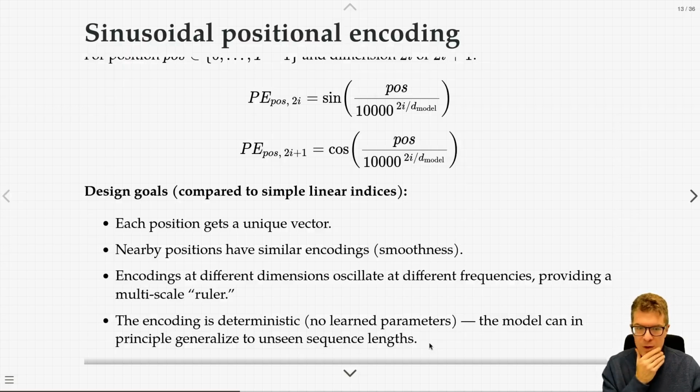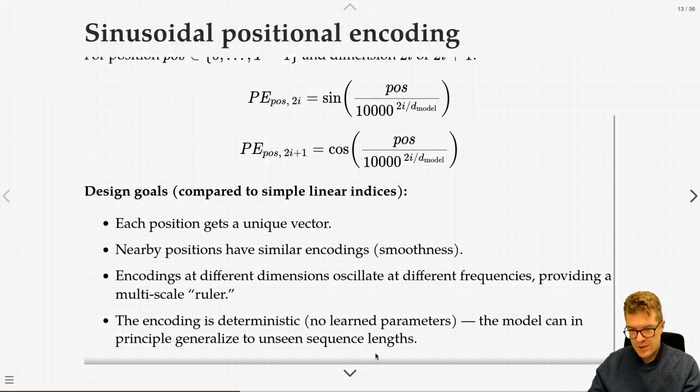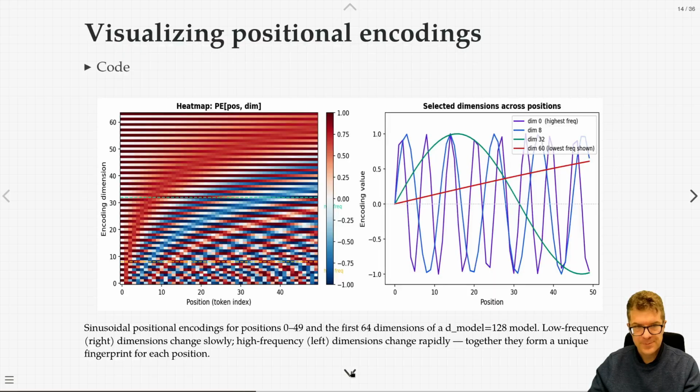If you learn a position encoding and you only have data that's 10 words long, and then suddenly you start seeing sequences that are hundreds of tokens long, this positional encoding will still work and still generalize to sequence lengths that you've never seen before. And again, generalization is very important in machine learning.